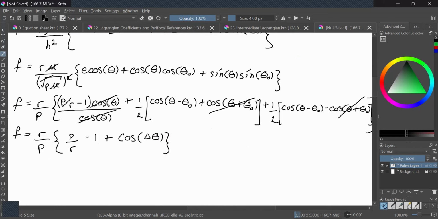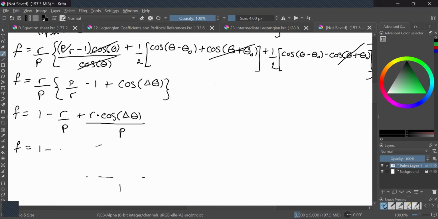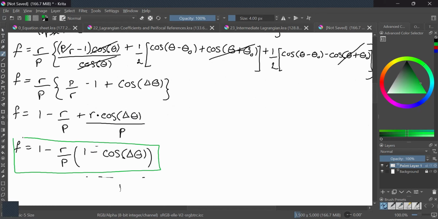And then we can distribute our R over P. That's going to become 1 minus R over P plus R cosine delta theta over P. And I can take the R over P to the outside of this little bit, which leaves us with 1 minus R over P times 1 minus cosine of delta theta. And that is indeed F.